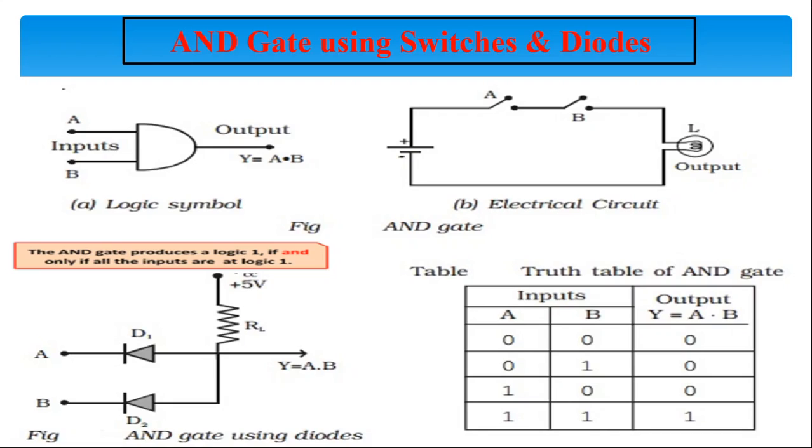That means D2 will be in conducting state and hence acts as a closed switch, and therefore the output Y is low. In terms of binary, when A is equal to 1 and B is equal to 0, then the output Y is equal to 0, as shown in the truth table.